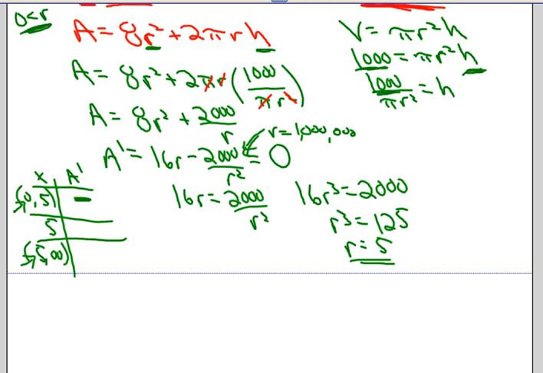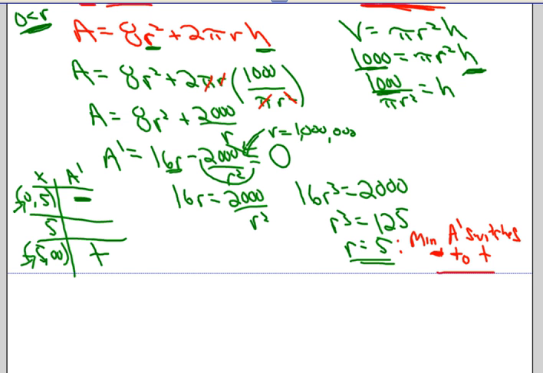I have 2,000 divided by 1,000,000 squared. That's not much. 16 times a million is a lot. That will certainly be positive. So my derivative switches from negative to positive. So r equals 5, my critical point, is going to be a min, because A prime switches from negative to positive. And that's my only critical point on the domain, and so that is my min.